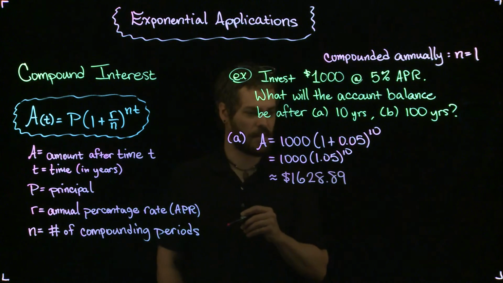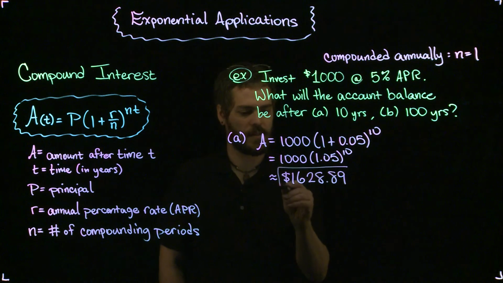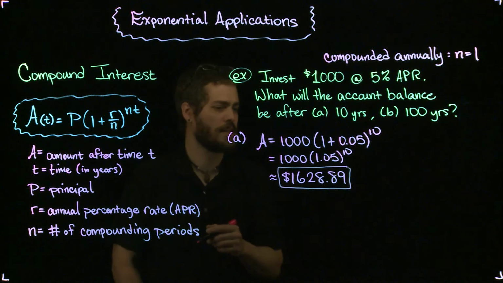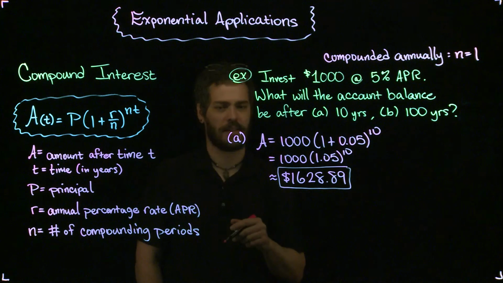Oh, I said nearest dollar. I didn't, nearest cent there is what I meant. So how much did we get on our investment there in 10 years? $628.89. That's okay, I guess.